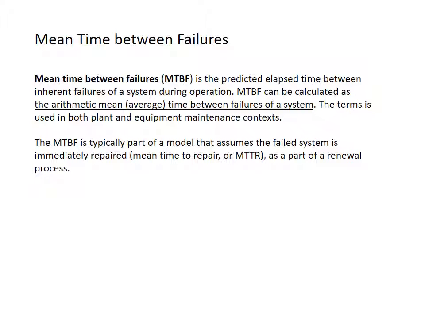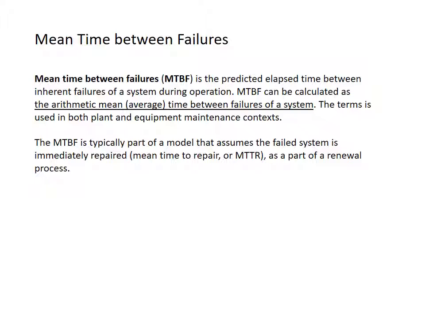So a related concept, a more simplistic way of looking at it, is mean time between failures. You can think about that underlying PDF function that describes the probability of a system component being reliable past a certain point as having a mean, right?